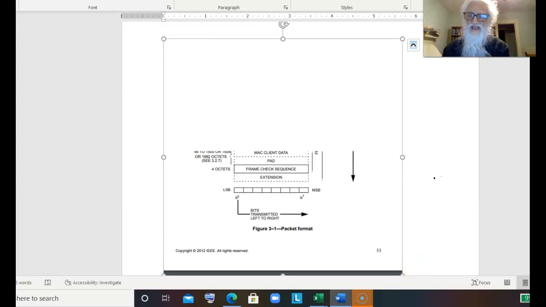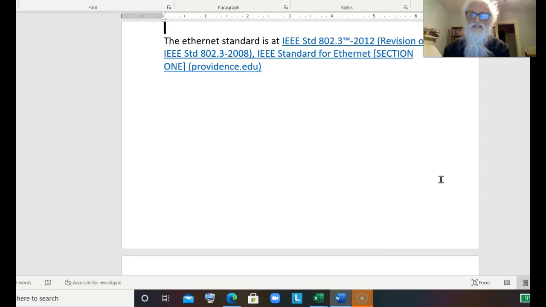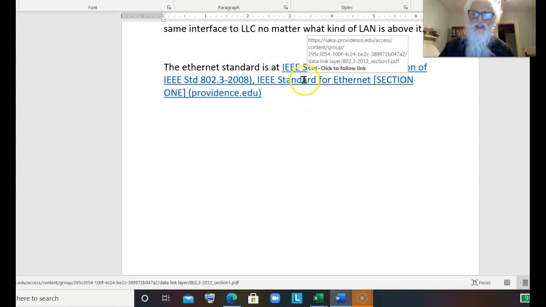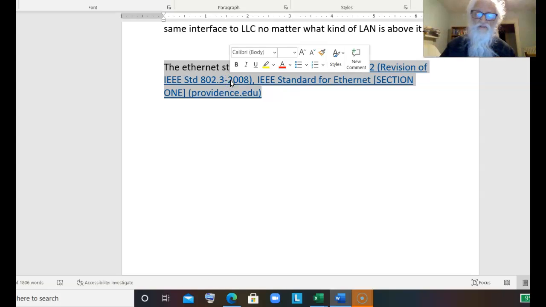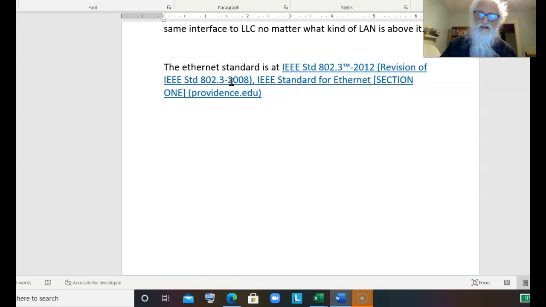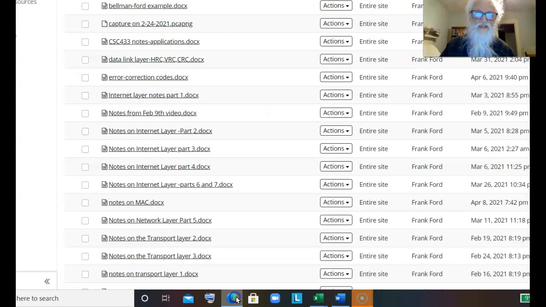The Ethernet standard in this particular form, I have it pointed to it here. I thought I had pointed to it there. No, it doesn't seem to want to come up.